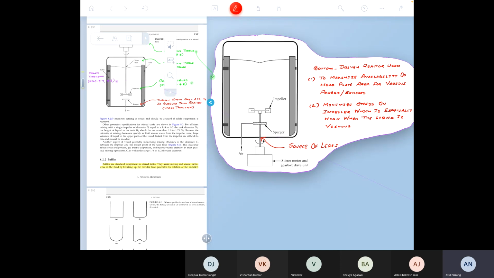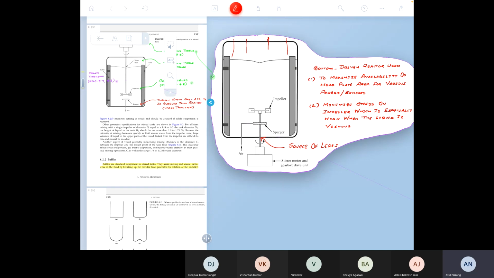This bottom driven reactor is used for two reasons. One, suppose you want to install many, many probes in the head plate, right? So I'm drawing these vertical lines. So there's a pH probe, there's a DO probe. You may want to have a probe for measuring the biomass concentration. You might want a probe for measuring the redox state in the reactor.